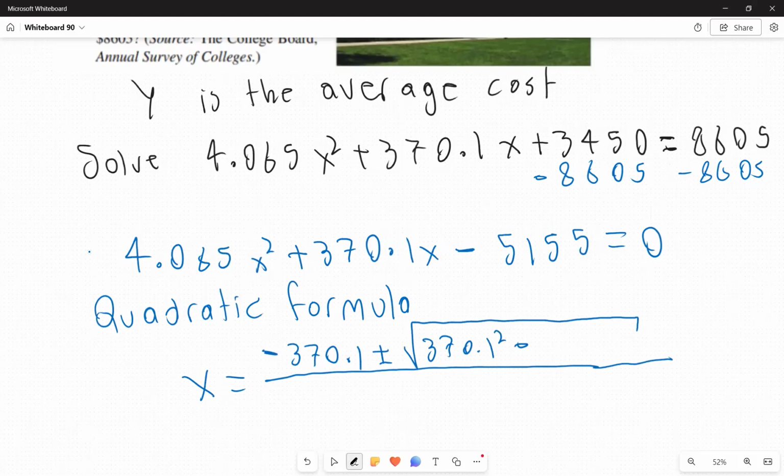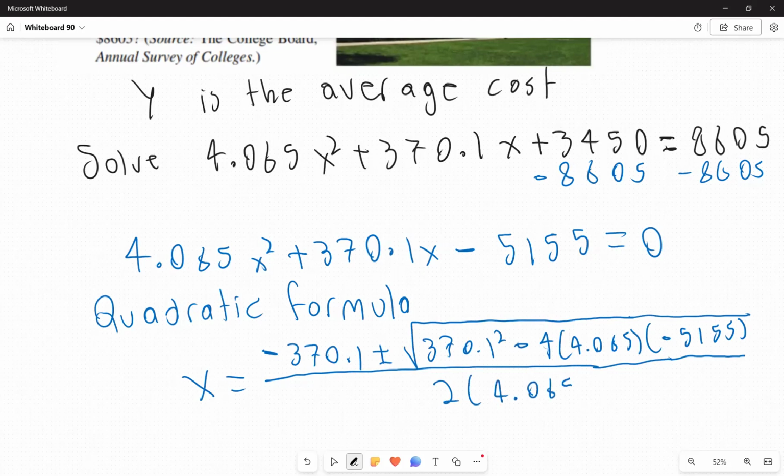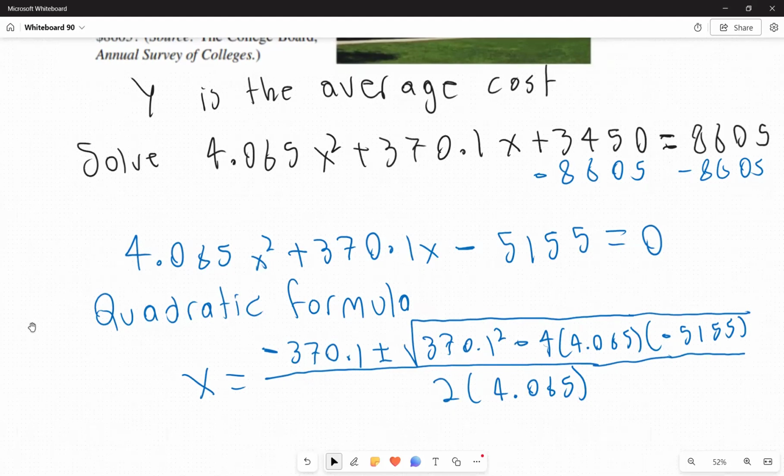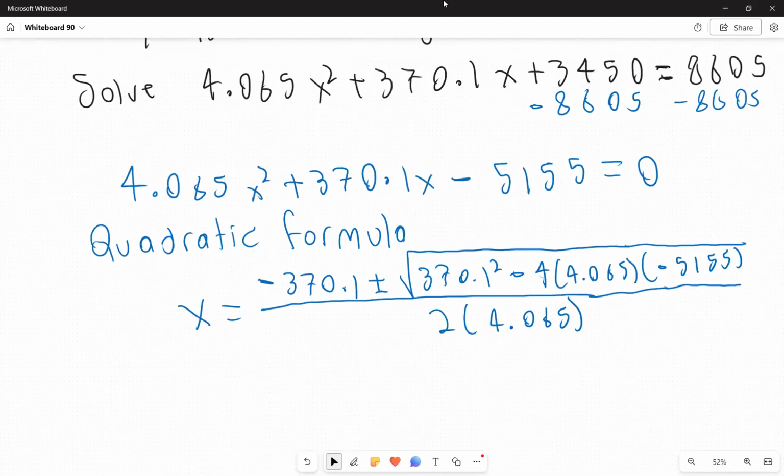So that's going to be 4 times 4.065 times negative 5,155. All that divided by 2 times a. That is 2 times 4.065. Now we need to simplify everything that is in the square root. Let's do that.